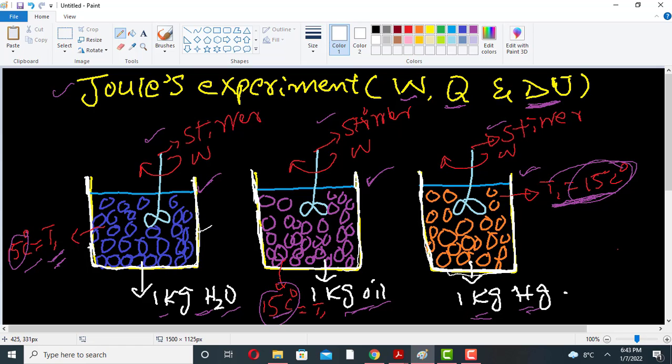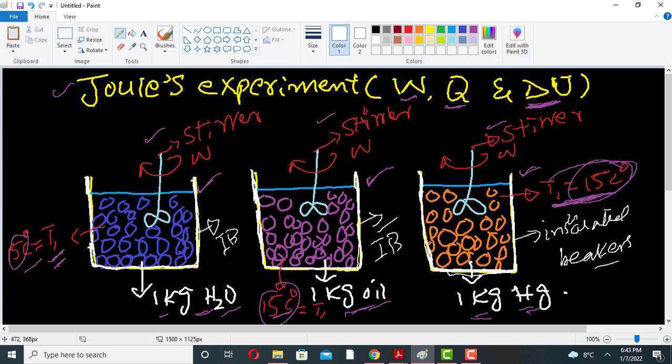The white one is the insulation. These are the insulated beakers. This one is also an insulated beaker, and this one is also an insulated beaker.